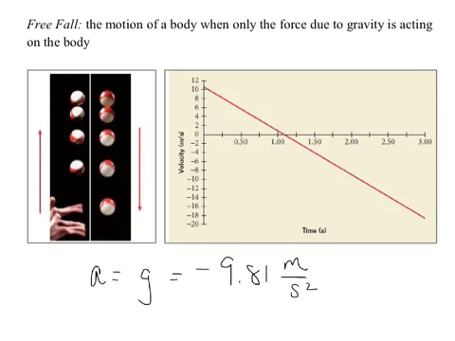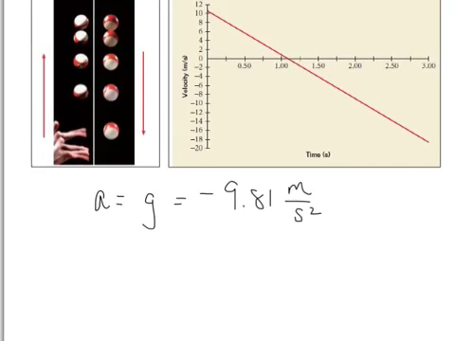Now, some other fun facts to note here. First, negative 9.81 meters per second squared is the acceleration of gravity on Earth. Because of Earth's mass, this is what the gravity is. Simply said, the moon has about one-sixth the gravitational pull of the Earth, so its gravitational constant might be around 1.5 or 1.6.